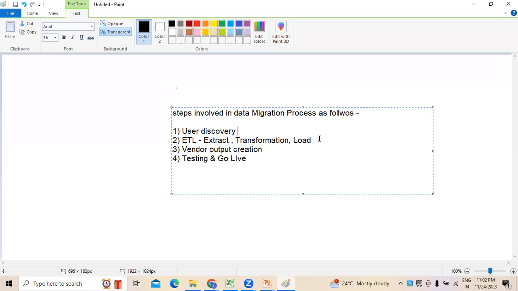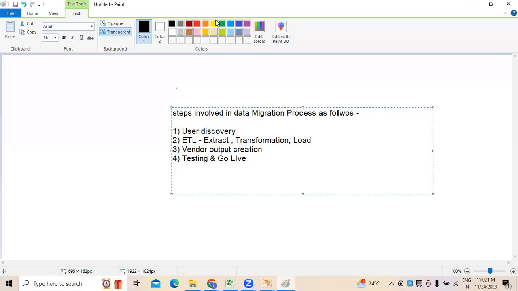You can say that Trizetto Facets is the core application system I have used for managing claim processing, adjudication, and so on. So this is the overall idea of the payer administrative system.